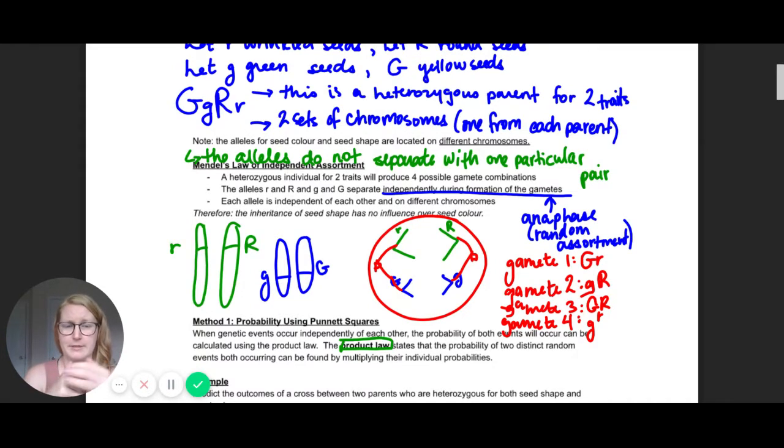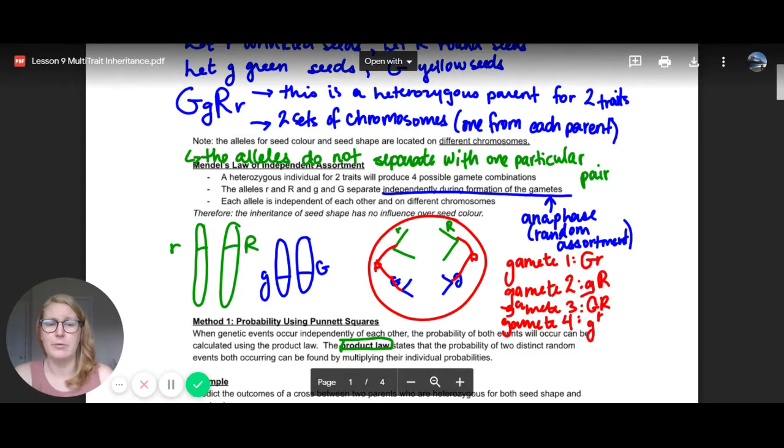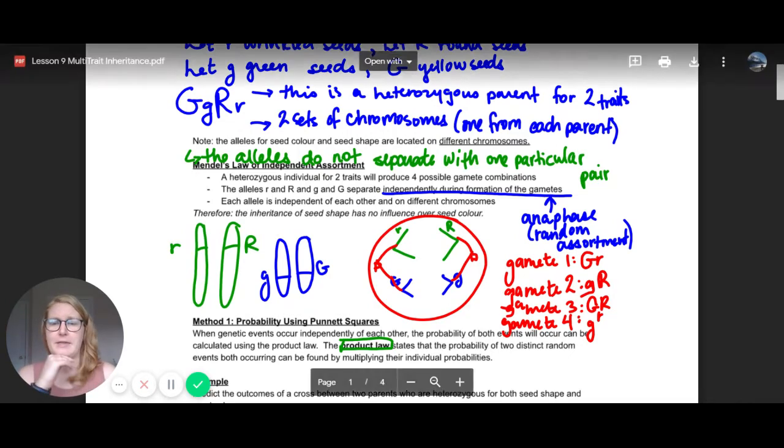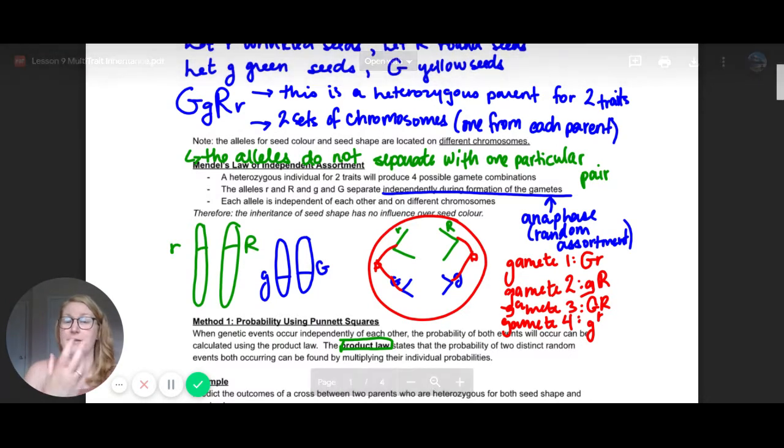I'm going to show you how that works in just a second. The alleles for small r and capital R and G and capital G separate independently during gamete formation. So again, I'm talking about anaphase here. Whichever direction that they go in is totally random, just based on how they've lined up in metaphase. Each allele is independent of each other and on different chromosomes.